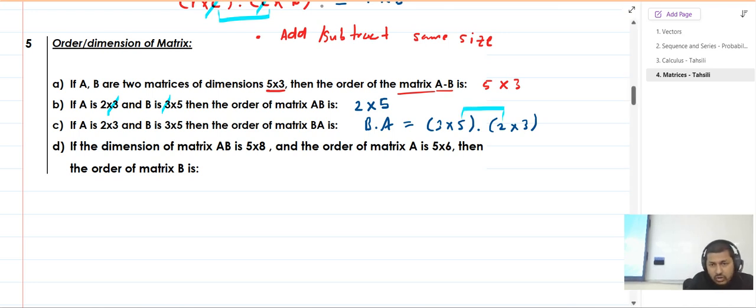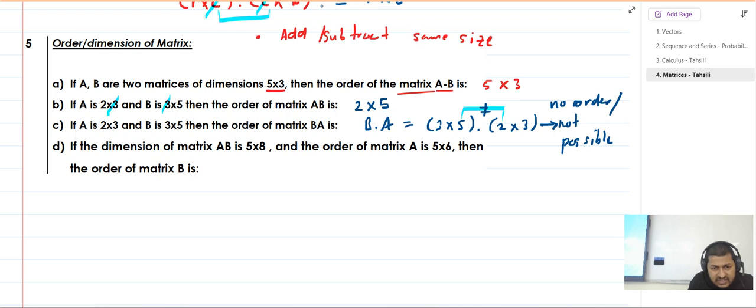So remember, they're not equal. So the order of the matrix BA is not possible. There is no answer for that. There is no order, because 5 and 2 are not the same.